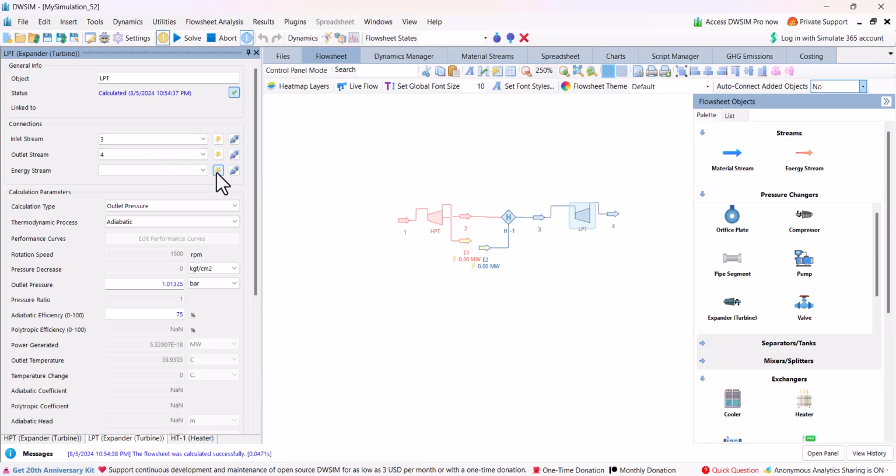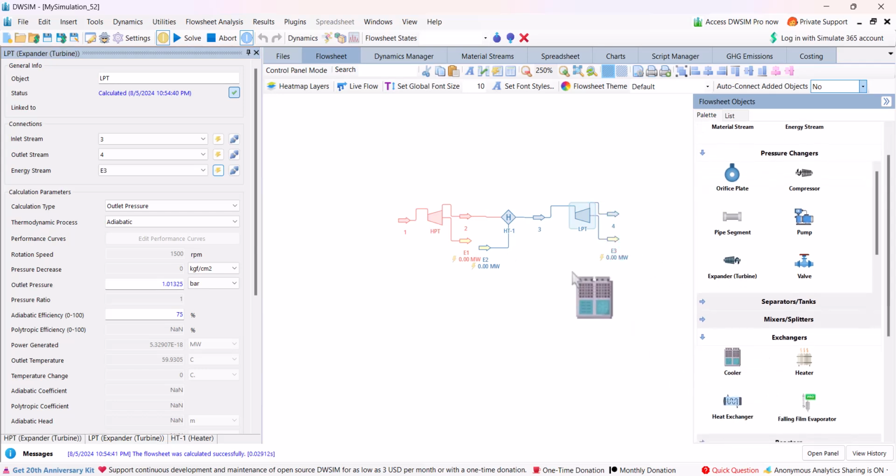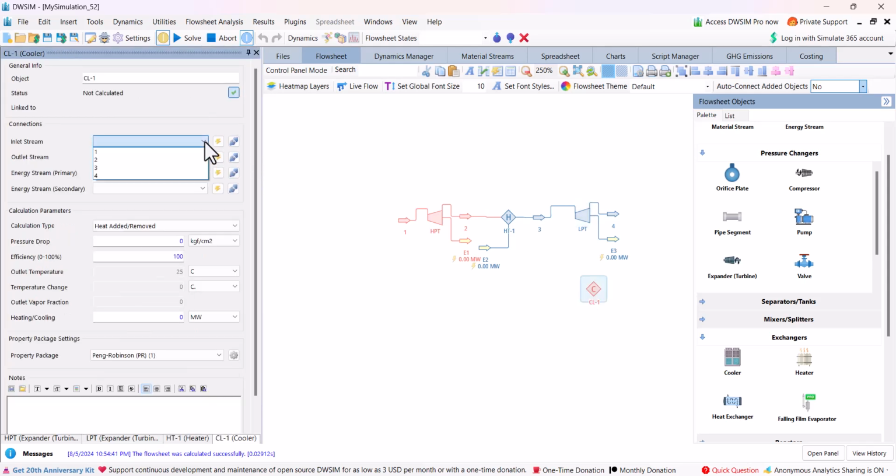We need an energy stream. And then there will be a condenser, so I am using a simple cooler. It will take stream 4 as an input and create another output stream and then an energy stream.